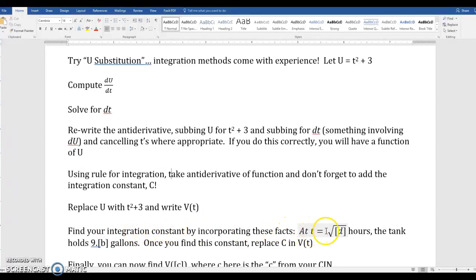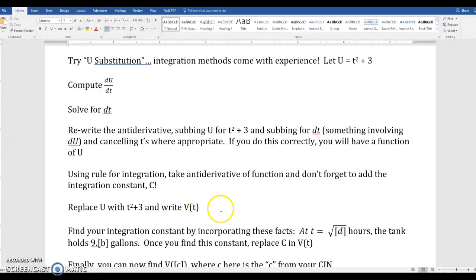It says at t equals the square root of d, again the d from your calculus identification number, at t equals the square root of d hours, the tank holds 9.b gallons. So what we get from that is, once you write this equation v of t equals, at t hours, on the right hand side of this equation you will have a term involving t where you're going to substitute whatever the square root of d happens to be for you.